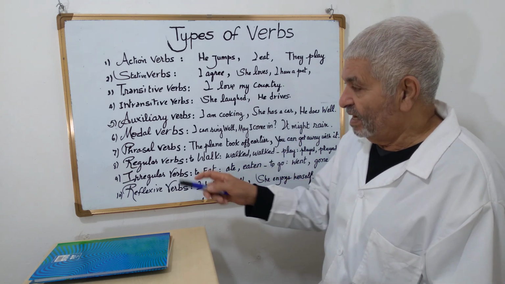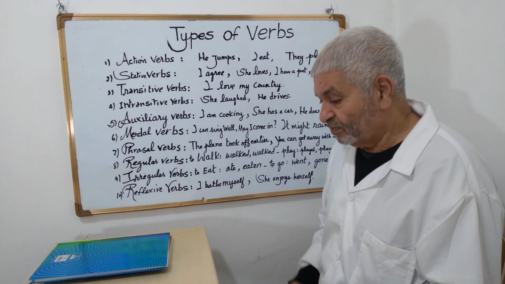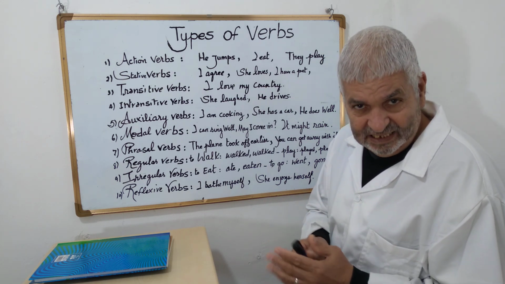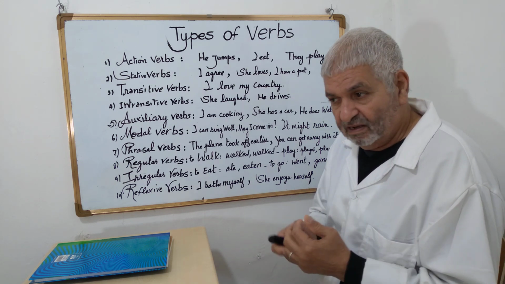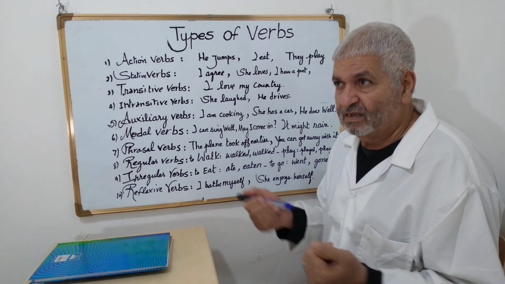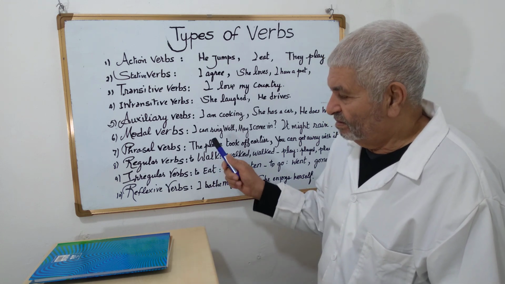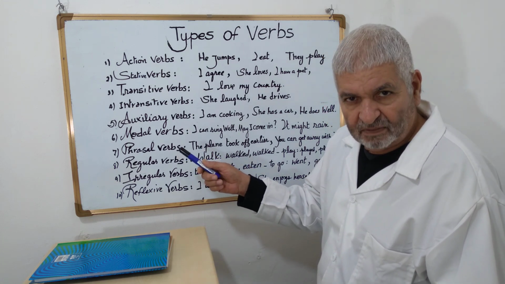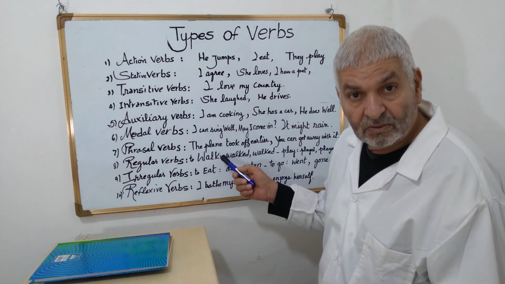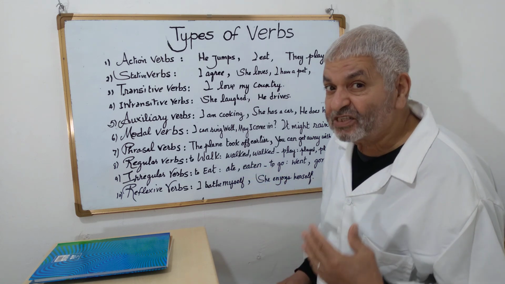Okay. Now, number 8, we go to the regular verbs. The regular verbs are verbs that require ed when you use them for the past tense, for example, in the past tense we say I walked, and also for the past participle.